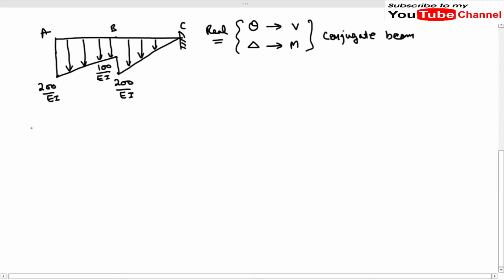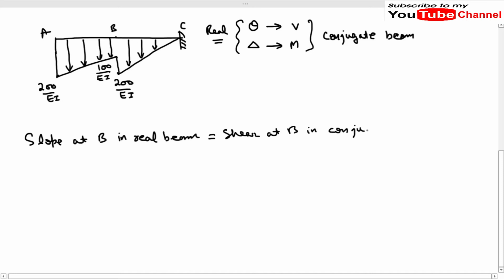For slope at B, we have to find the shear force. Slope at B in the real beam is equal to shear at B in the conjugate beam.